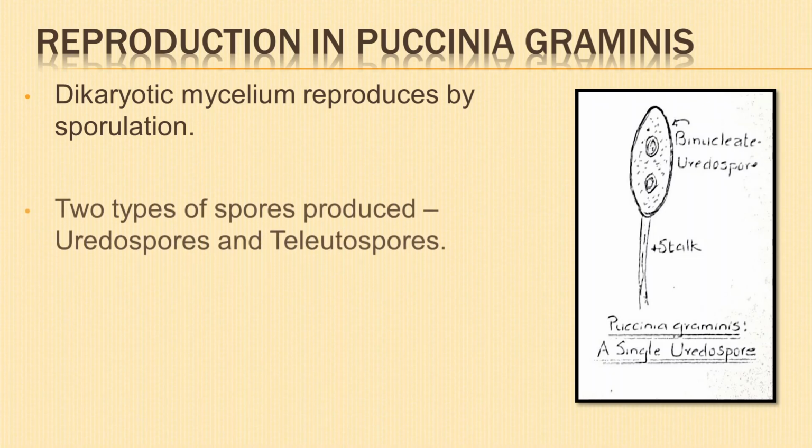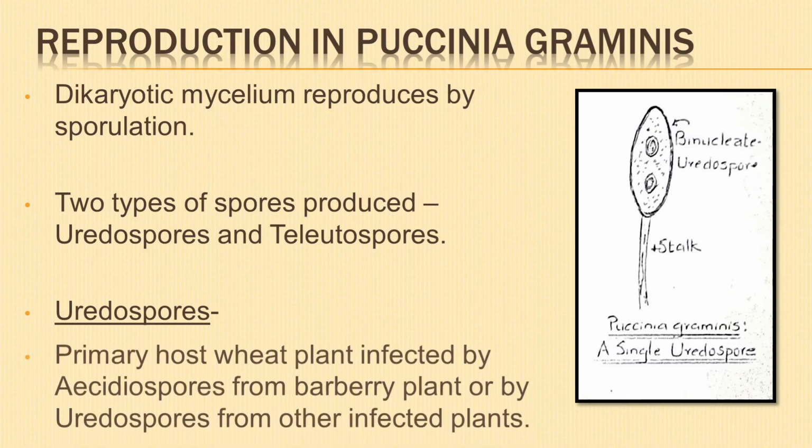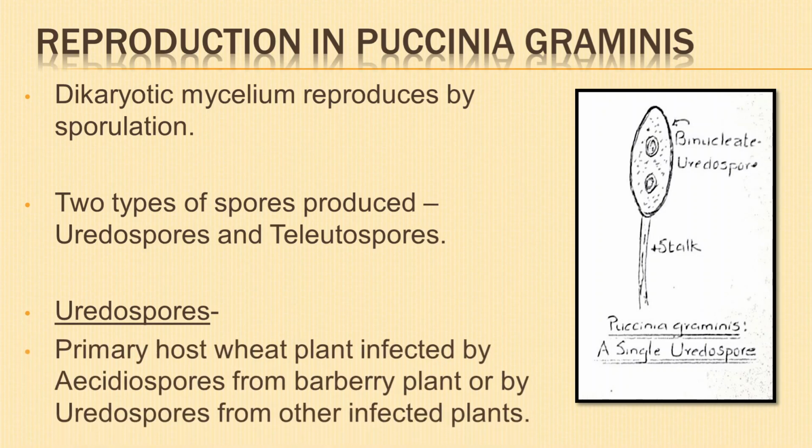Two types of spores produced near the surface of the host tissue wheat are uredospores and teliospores. Uredial stage on the primary host wheat plant is formed by the infection of aeciospores, which come from the barberry plant by wind dispersal, or by the uredospores themselves coming from the infected neighboring wheat plants.